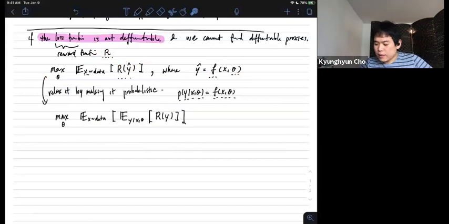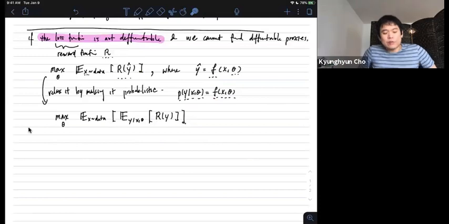In the second formulation, our machine is not giving us a single best prediction, but it gives us all possible predictions, and for each prediction, it gives us some kind of score. The score is the probability. Instead of looking at the single best score, we look at the expected reward under the conditional distribution returned by our machine.